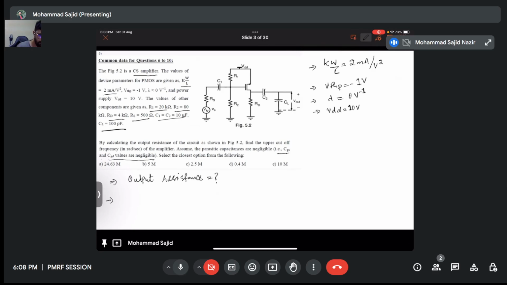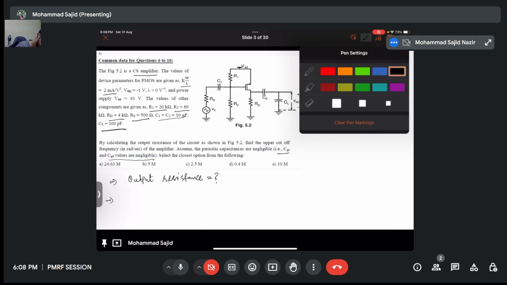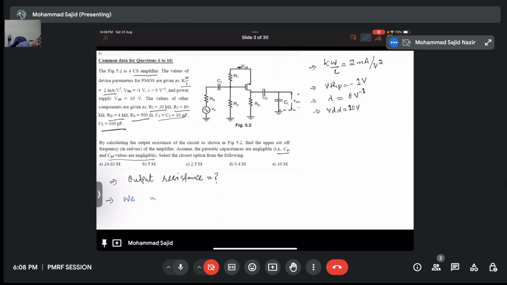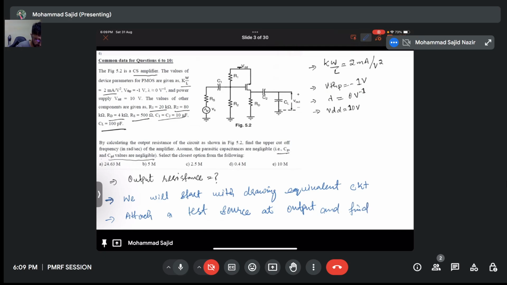So what we will do is, first, we will draw the equivalent circuit of the circuit shown in the figure, and then we will attach a test source at the output and find the R out.